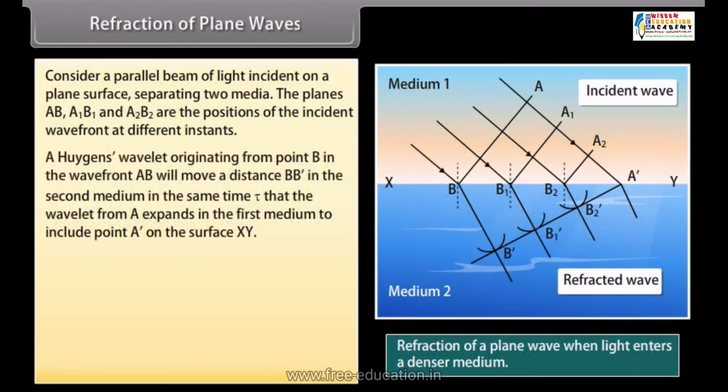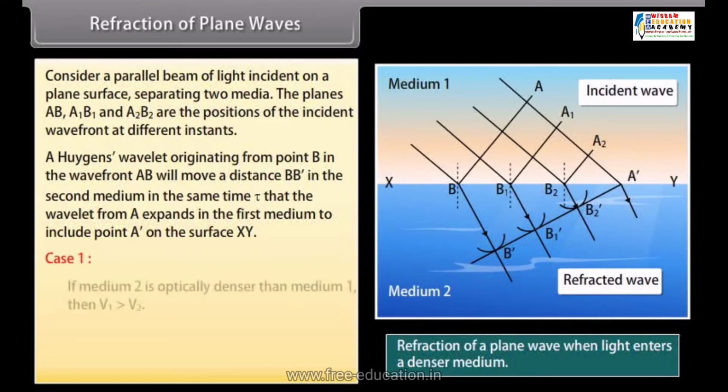A Huygens wavelet originating from point B in the wavefront AB will move a distance BC in the second medium in the same time that the wavelet from A expands in the first medium to include point C on the surface XY. Since the two wavelets are not in the same medium, they move with different speeds, say V1 and V2 respectively.